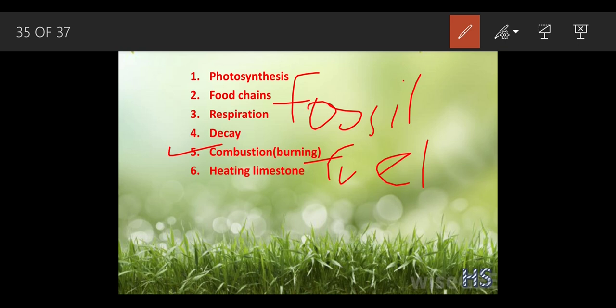Fossil fuels, that is coal, petroleum, and CNG. This CNG, this petroleum, this coal has been formed from dead plants and animals only. It needs a processing of millions of years.